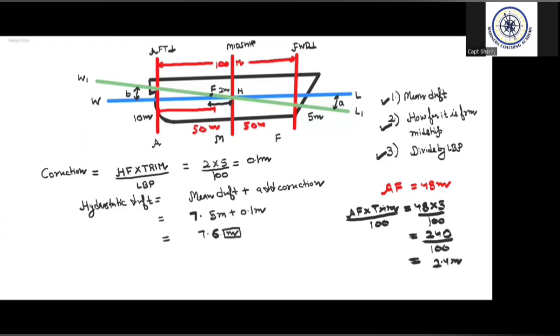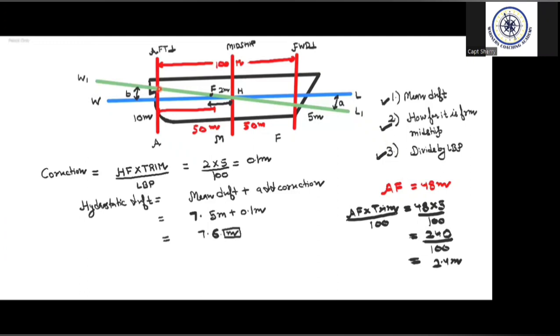Now you have got this value of 2.4 meters. Now you know that your aft perpendicular is at a higher place. If you see the water line, this is the midship, and the draft has increased. This value over here has more value than your draft at the center of flotation, which is the hydrostatic draft. So what will happen now?